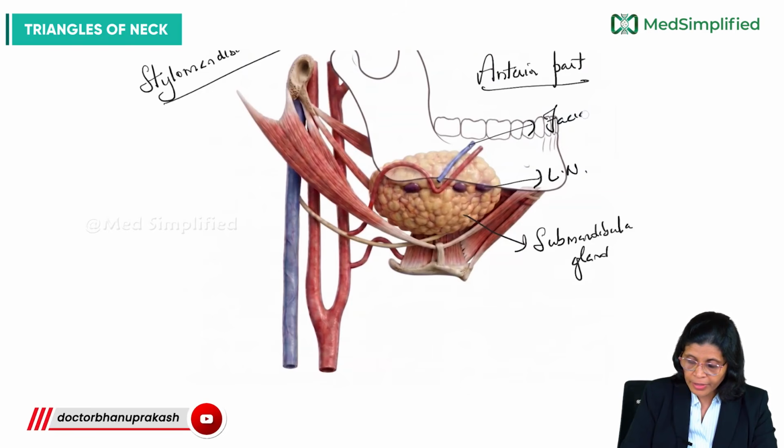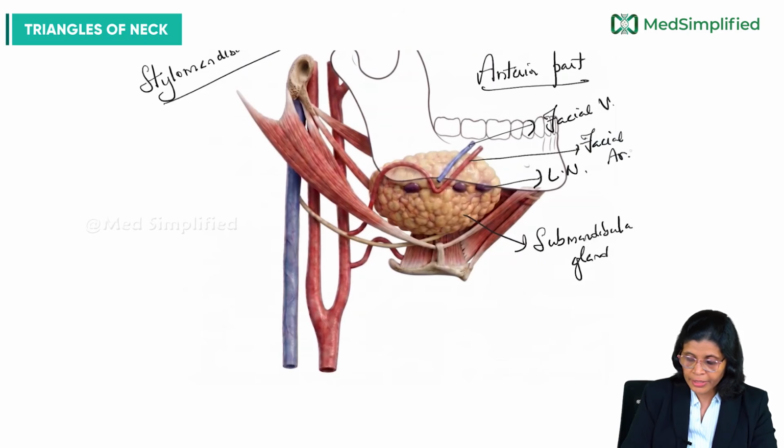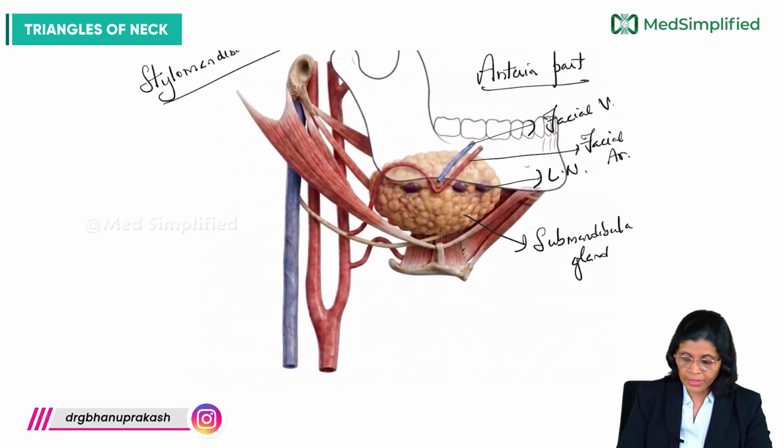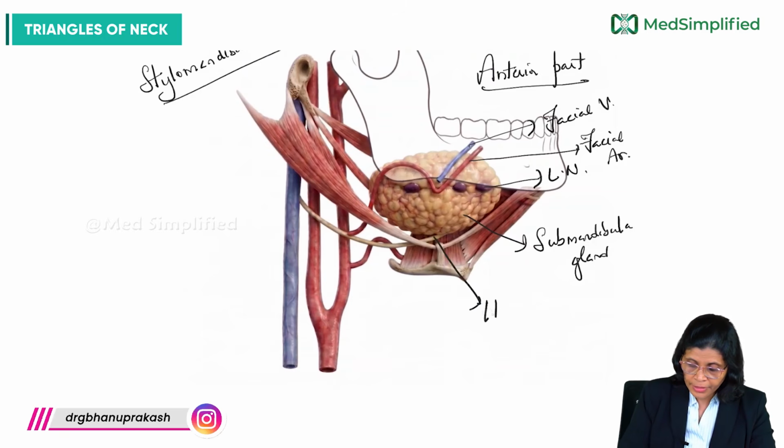So facial vein, remember that it is superficial, whereas the facial artery will be deeper to the gland before it emerges on the face, so it will be lying deeper to the gland. Then we also see the hypoglossal nerve.